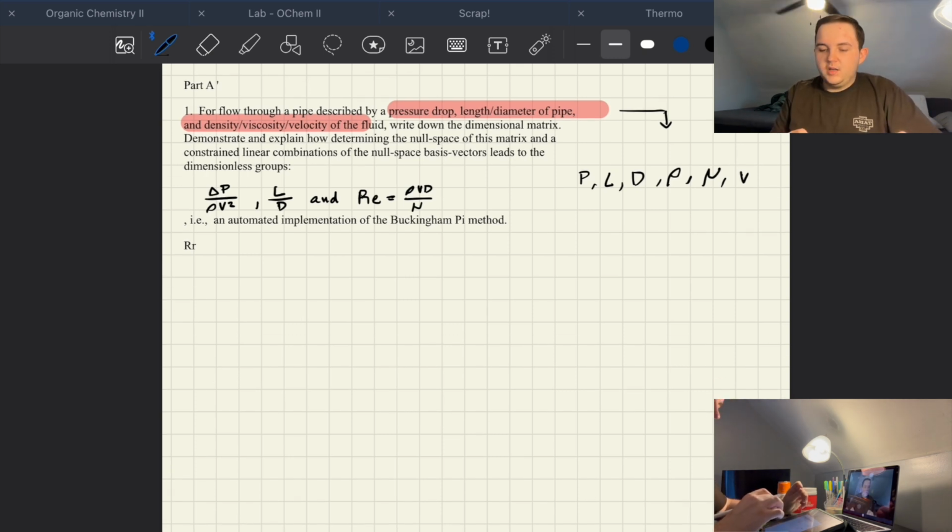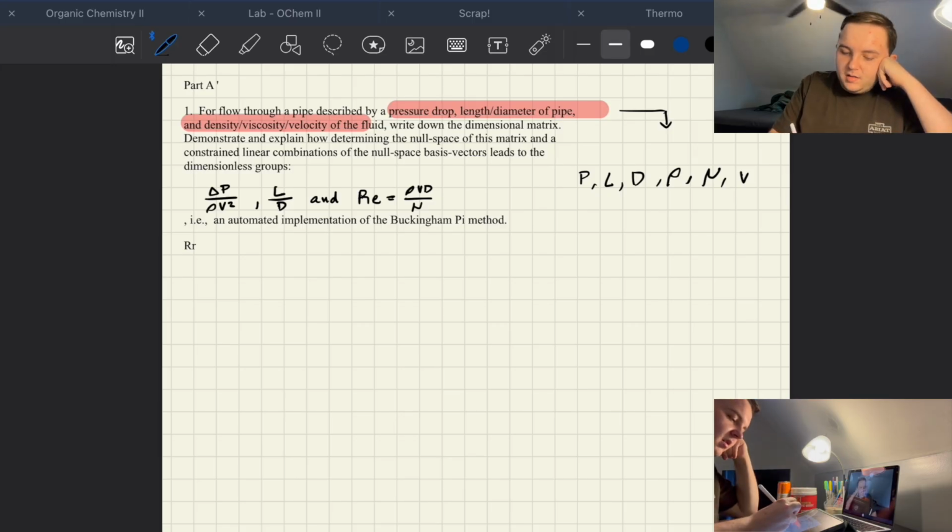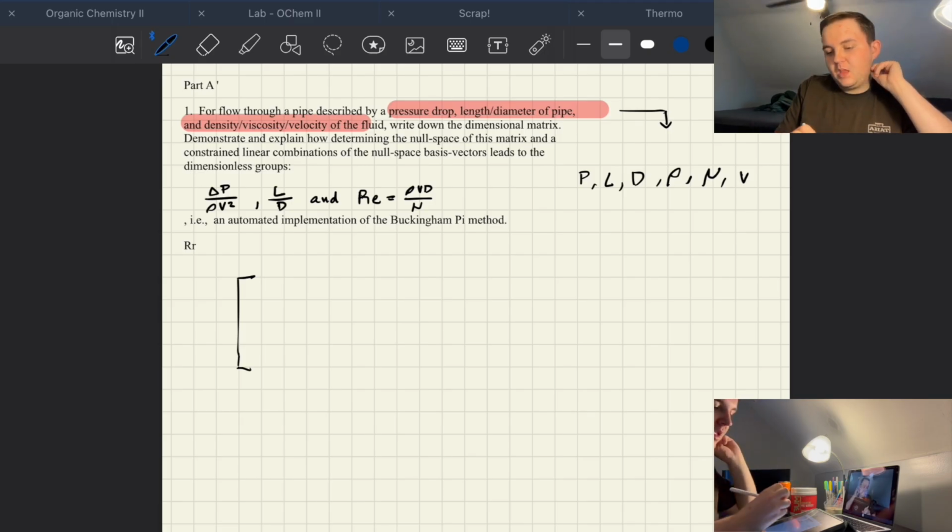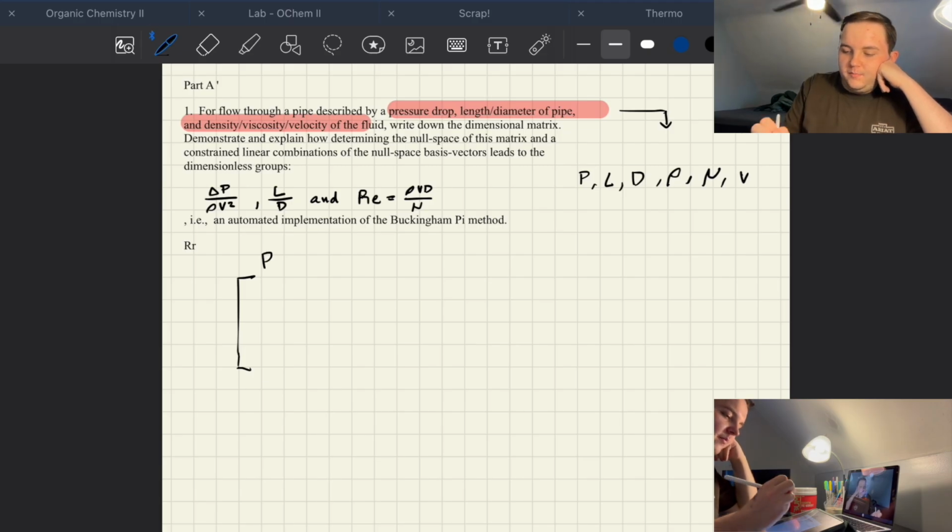So the first thing we can do is to set up the matrix. So I'm going to do that exactly how I have written it up here on the right, just to make it easier. So let's do that on the top.